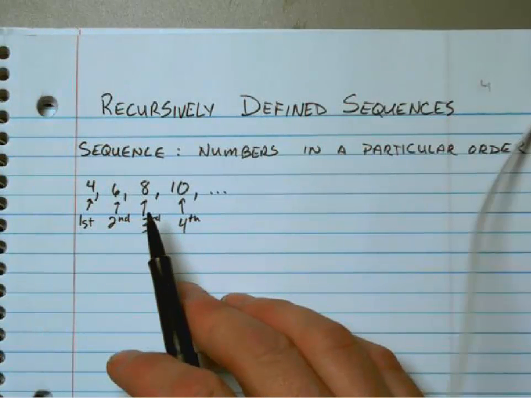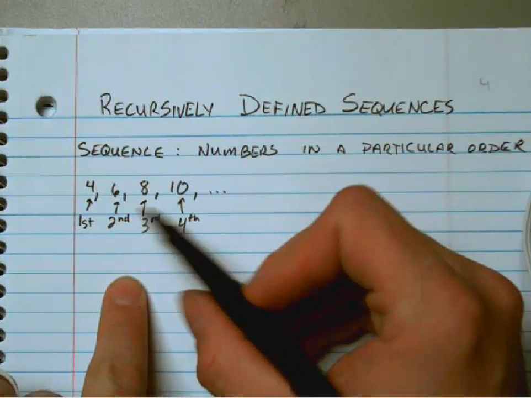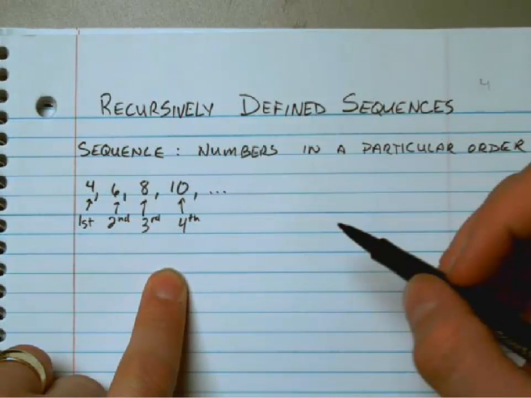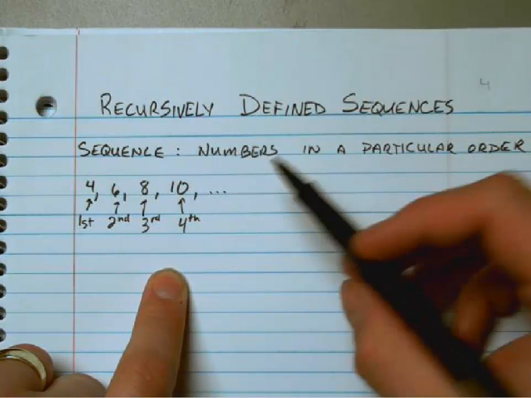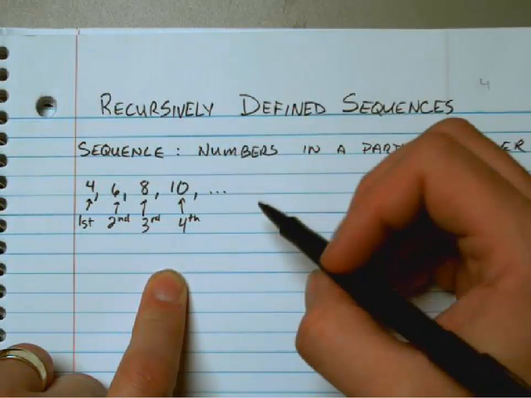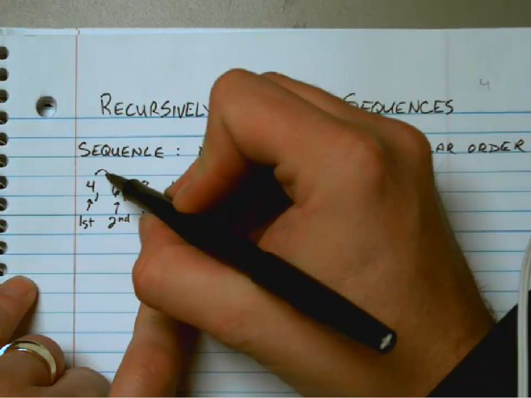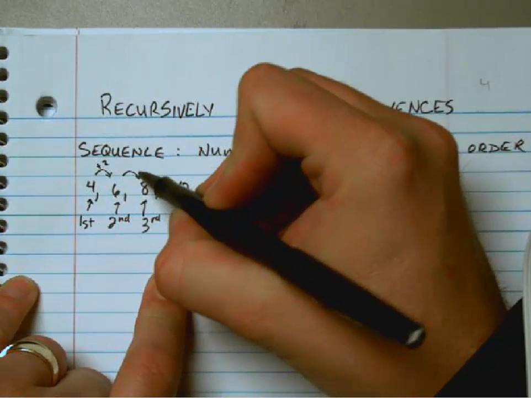When we are describing a sequence, there are several ways that we can do it. One way is to talk about how we go from each term to the next term. So in this sequence, it's pretty easy to see that as you go from 4 to 6, you have to add 2. And you do the same thing when you go from 6 to 8.